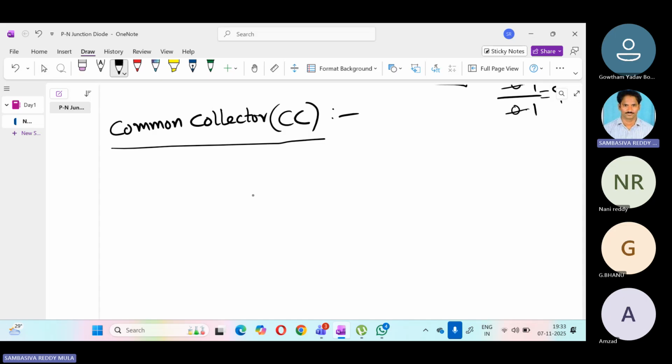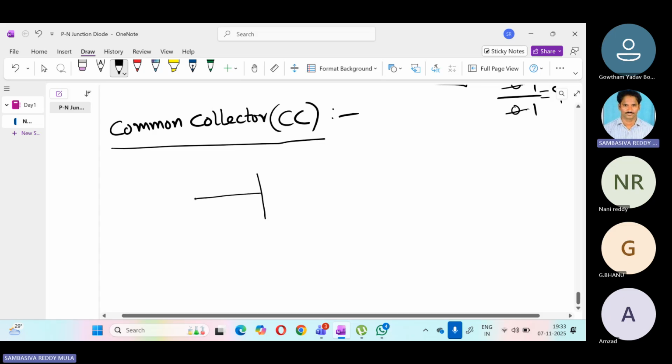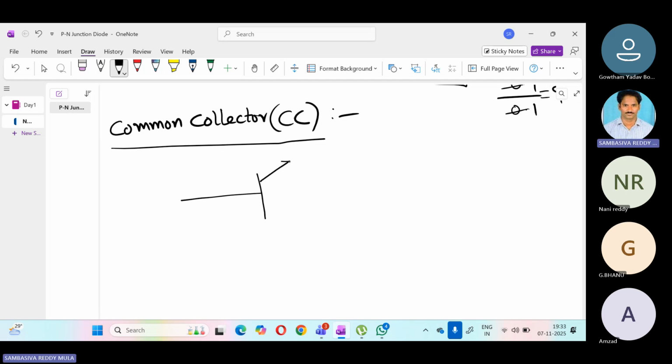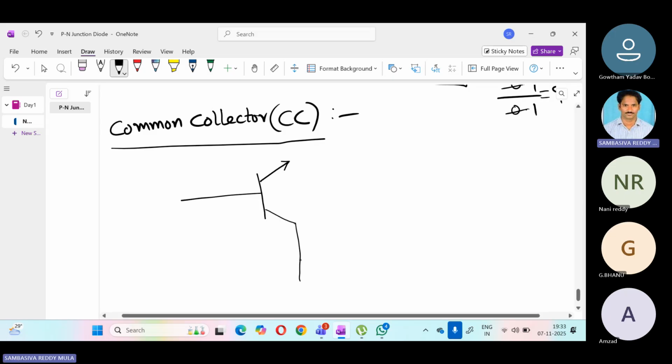The collector terminal is connected to ground. The base terminal acts as the input, and we will simply reverse the terminals. So this is the collector terminal, connected to ground, and here is the base.